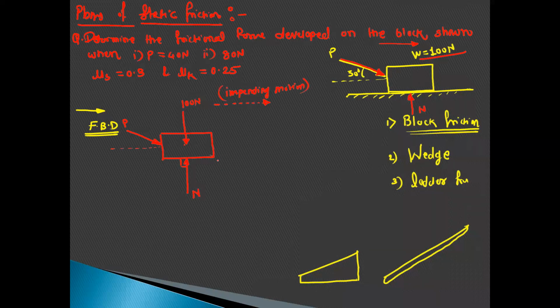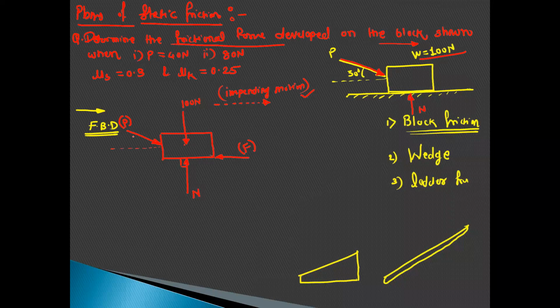So frictional force always acts in the opposite direction to the impending motion. So we will show the frictional force like this, and we assume it to be F. Right now we will not consider this as F max, because here we have to find out the amount of frictional force. The frictional force will be less than F max or may be equal to F max, depending on how much external force we are applying on the object.